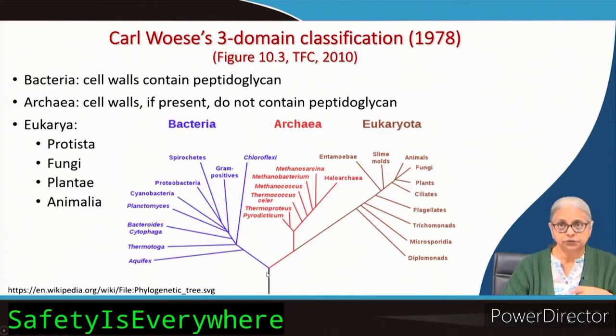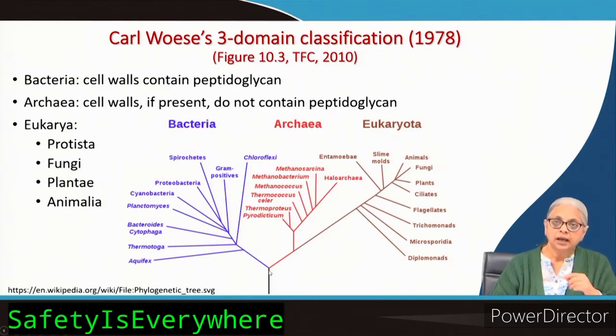The phylogenetic tree, or the tree of life, where you have the last universal common ancestor at this point. And based on the ribosomal RNA sequencing, there are 3 major branches. So these are the 3 domains: bacteria, archaea, and eukarya.